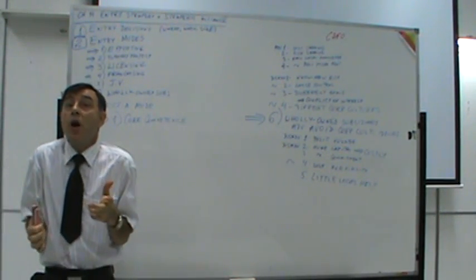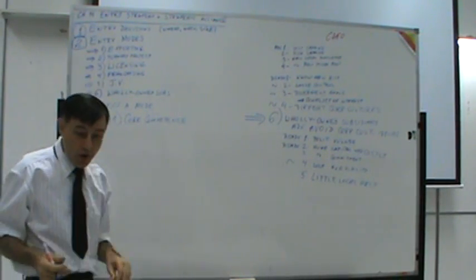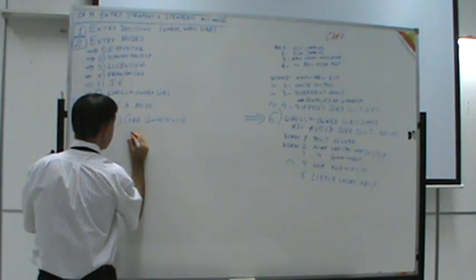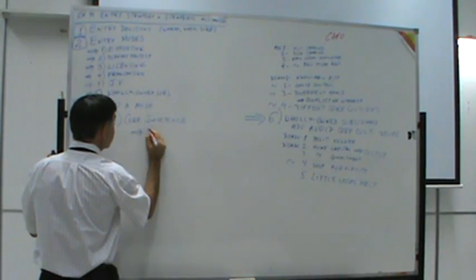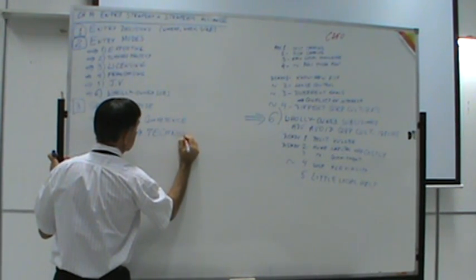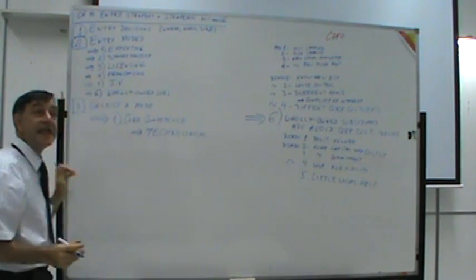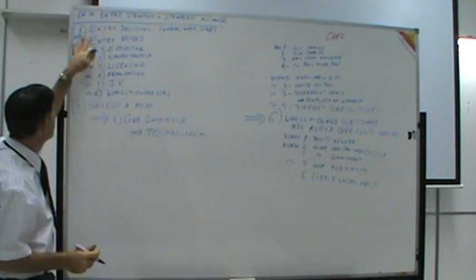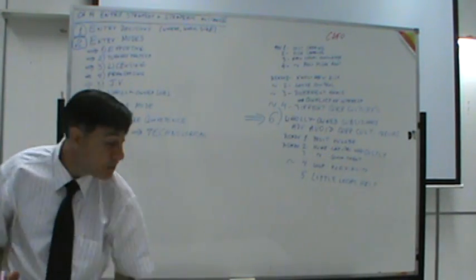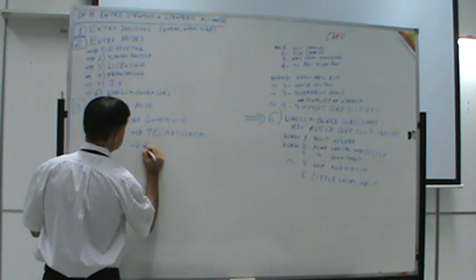What is your core competence? How are you better than them? So, your core competence could be one of 2 types. It could be technological, and if it's technological, you will prefer one type of entry mode, or it could be management know-how.